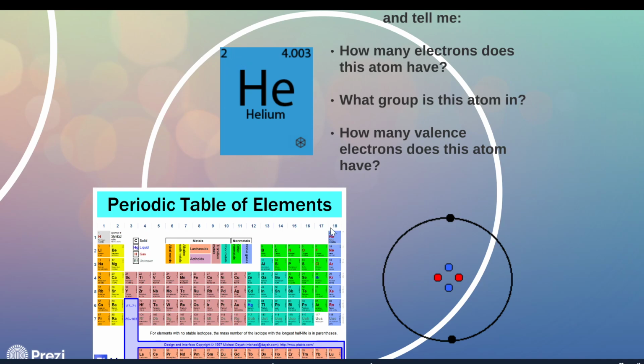Okay, so even though helium's in group 8, it's kind of like a special one. Helium's just going to be one of those special cases where even though it's in group 8, it only has 2. And that's because it has 2 electrons. Since it has 2 electrons and it only has 1 energy level, we can say that it has 2 valence electrons.